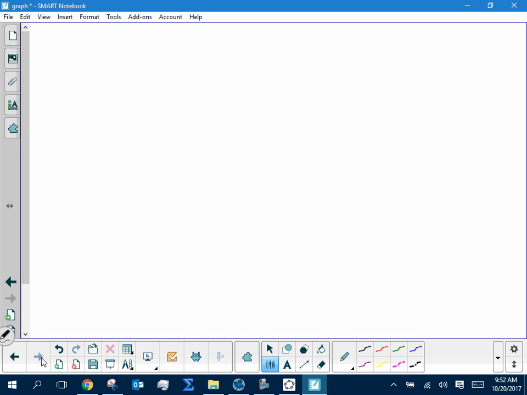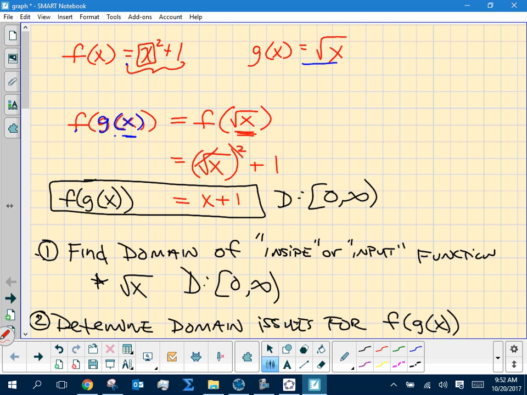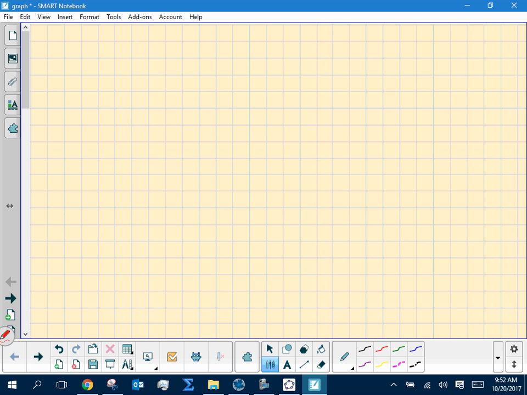Let's start with f of x equal to 5 divided by x minus 1. And let's say g of x is equal to 4 divided by 3x minus 2.